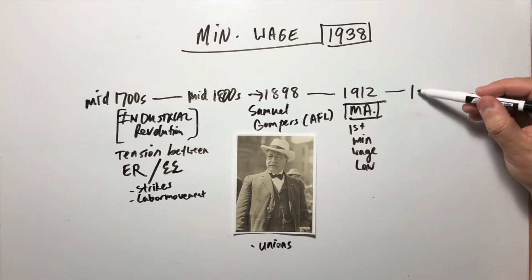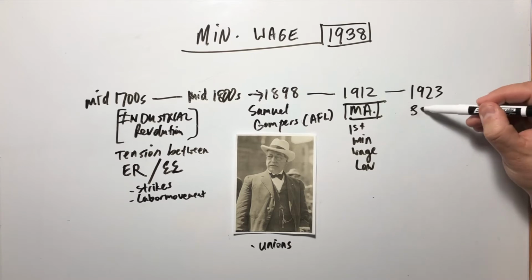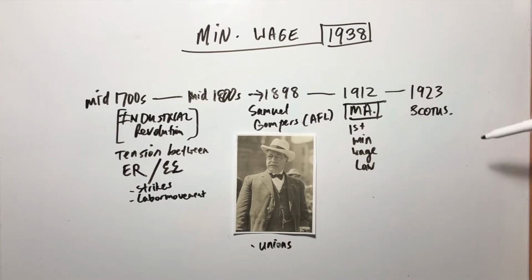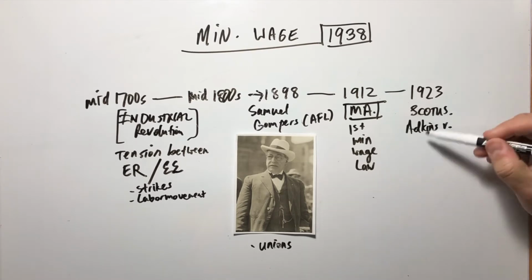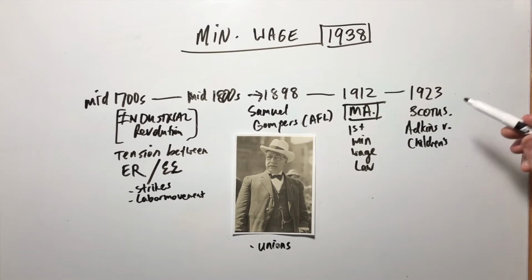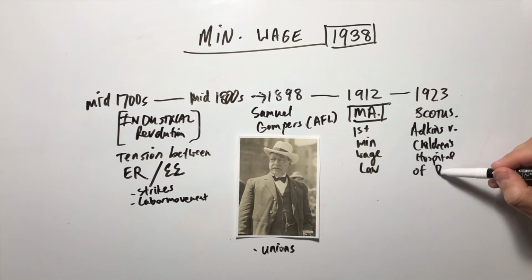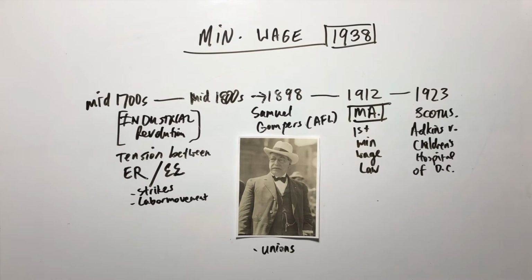In 1923, the Supreme Court of the United States, in a case called Adkins versus the Children's Hospital of D.C., rules that imposing a minimum wage violates the rights of workers and employers, their ability to make their own decisions and come to an agreement.